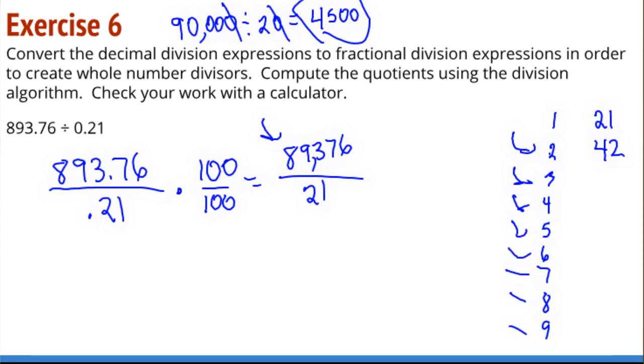So 20 times 3 is 60, plus 3 is 63. 4 times 20 is 80, plus 4 is 84. 5 times 20 is 100, plus 5 is 105. 6 times 20 is 120, plus 6 is 126. 7 times 20 is 140, plus 7 is 147. 8 times 20 is 160, plus 8, 168. And 9 times 20 is 180, plus 9 is 189.